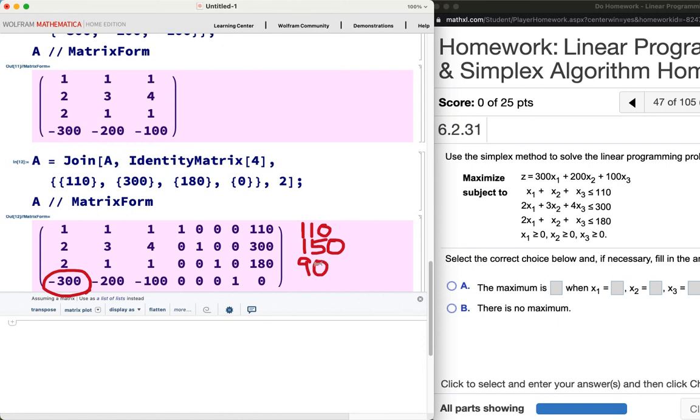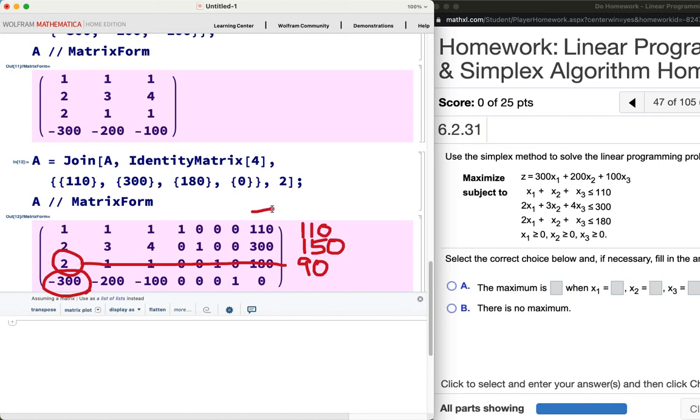Now, of those 3 ratios, which one is the smallest? It's this one. So this is going to be the pivot element. Trust me, you will know if you pick the wrong pivot element, because you're going to end up with negative numbers on the right-hand side.